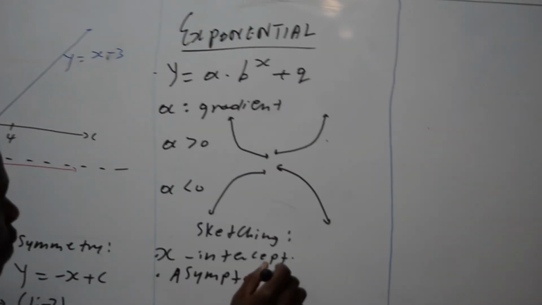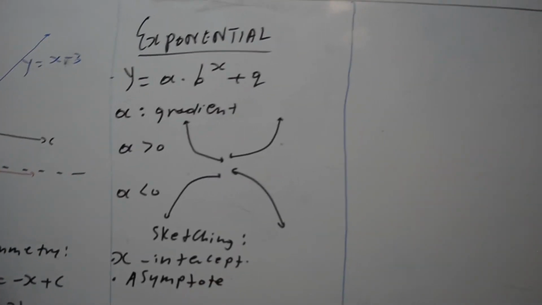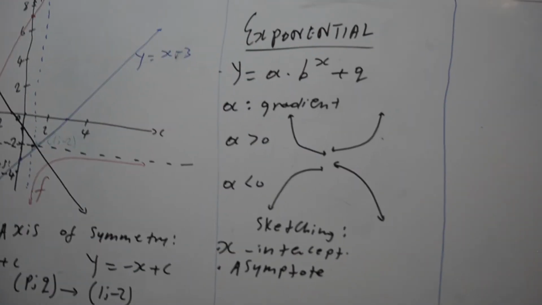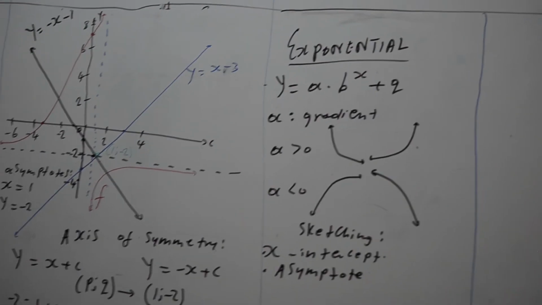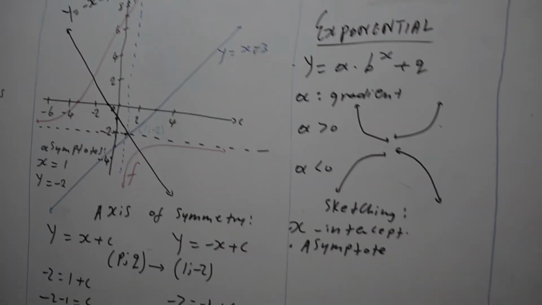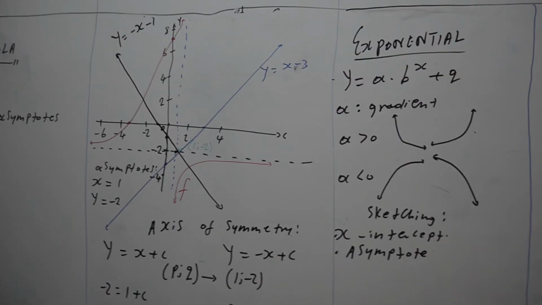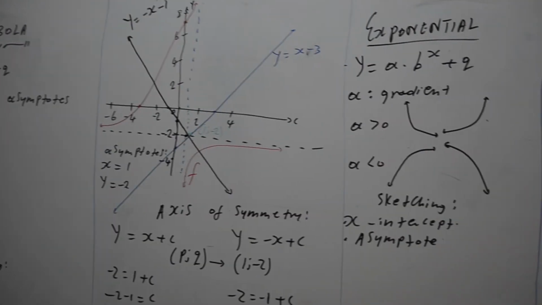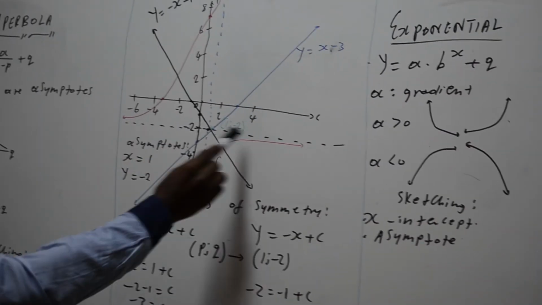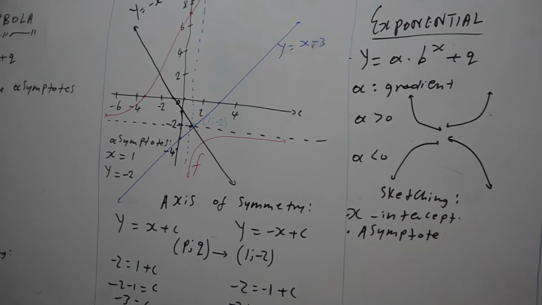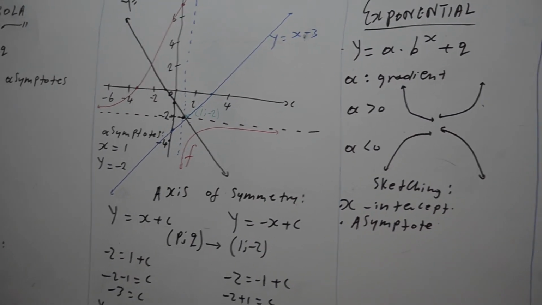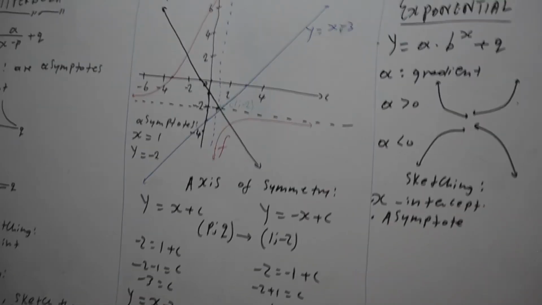Up here we don't have a horizontal asymptote, because the graph cuts the y-axis. So the asymptote is just the horizontal one.